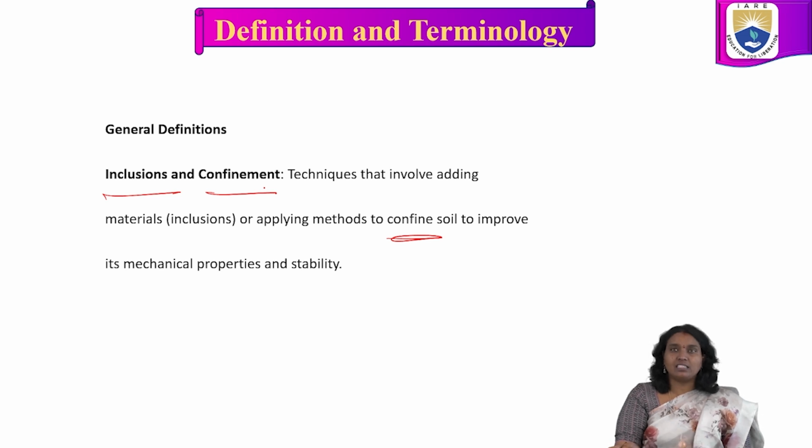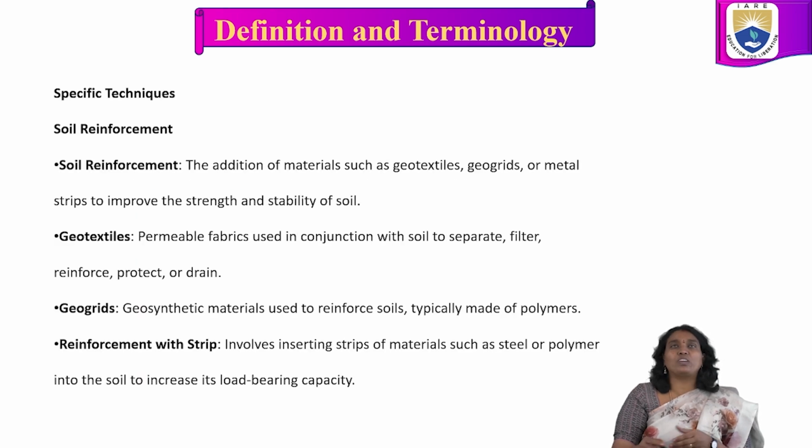These are the techniques that involve adding materials or applying methods to confine the soil to improve its mechanical properties and stability. The various techniques we choose for getting these modifications depend on the project requirements. According to that, we reach the required properties of the soil based on the project requirement.